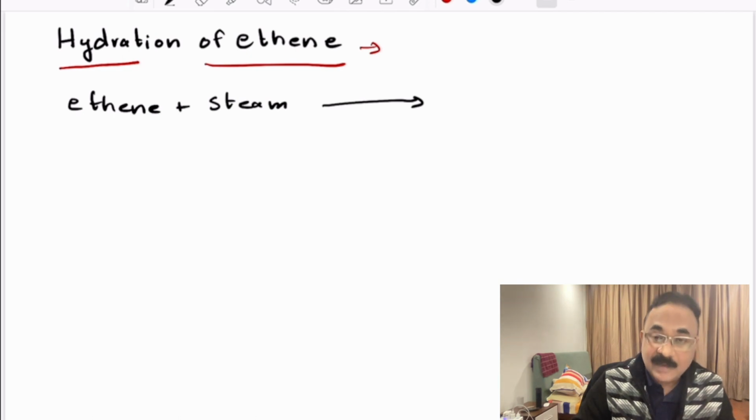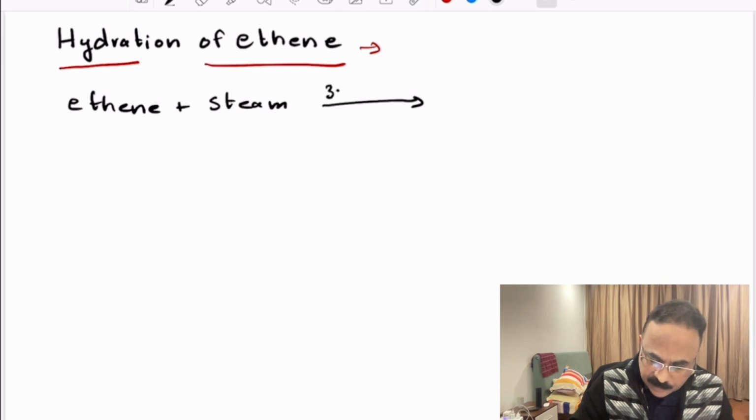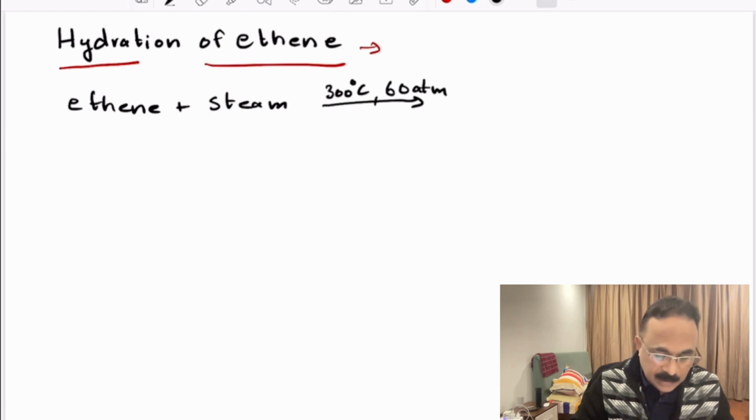It will have a temperature of 300 degrees Celsius and a pressure of 60 atm. So let's write that down: 300 degrees Celsius and 60 atm, that is atmospheric pressure, and then phosphoric acid, H3PO4, and we will get ethanol.